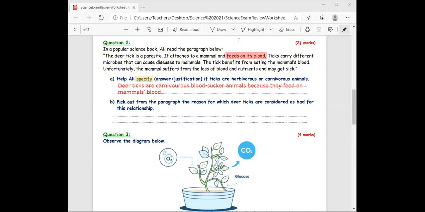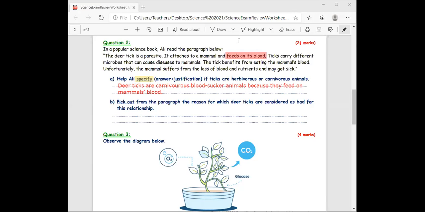Like mosquitoes. Mosquitoes are also bloodsuckers. Right? And flies? No. Some flies are, maybe dragonflies? No, mosquitoes and leeches are bloodsuckers.